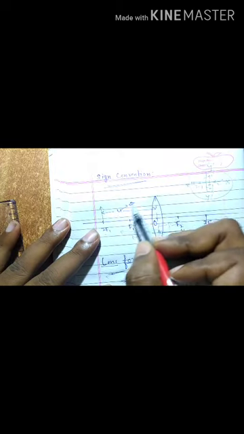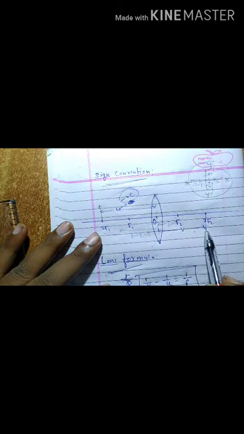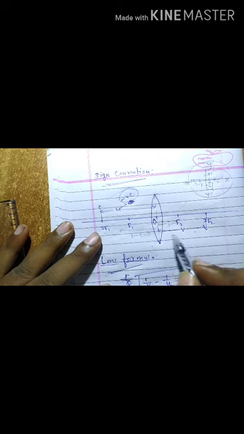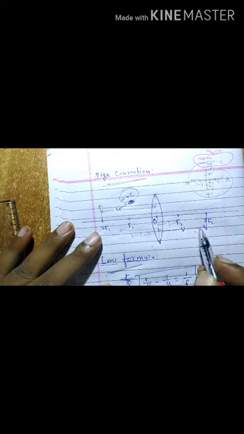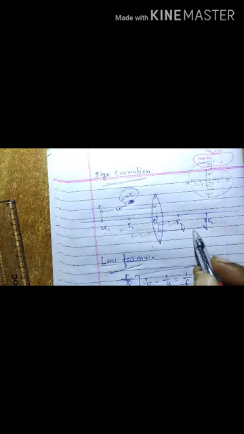Here the object is on the left side of the optical center, so u will be negative. We will take minus in the case of u. And here is the image. So v is the image distance, and since this image is forming on the right side of the lens, v will be positive. This is represented by small v.